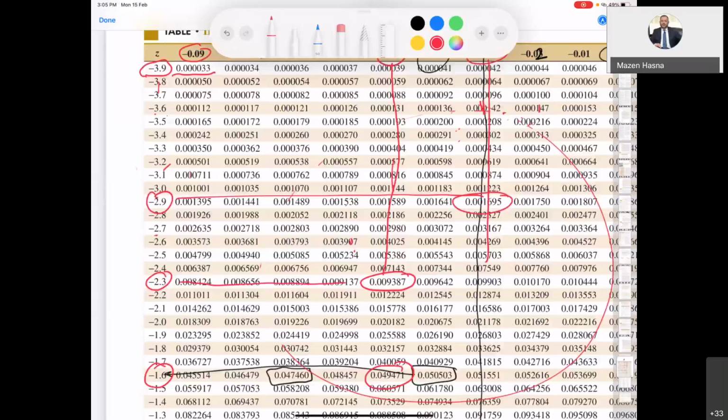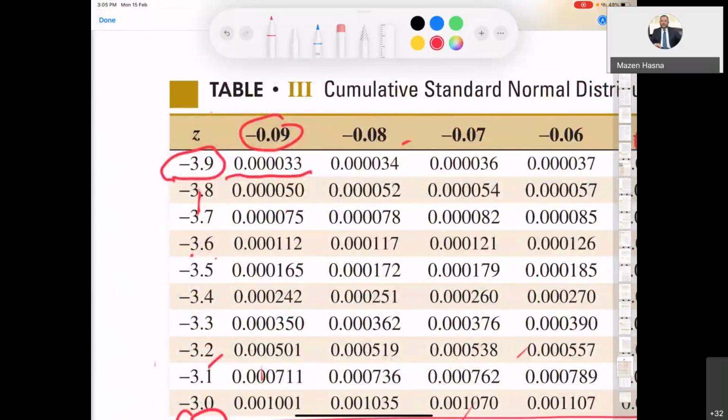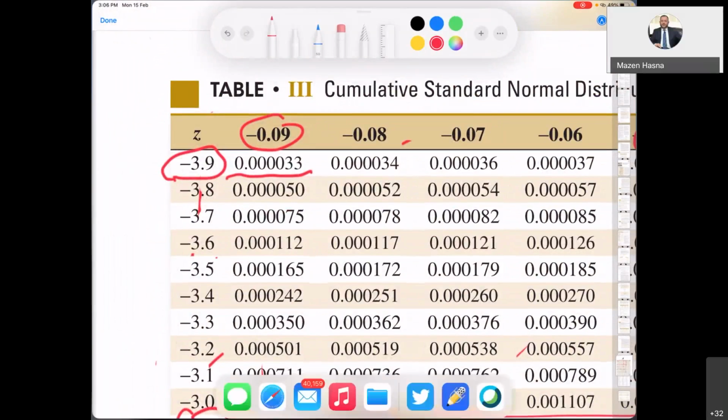As you can see, almost zero. So the table gives you numbers starting at minus 3.99. Any number less than minus 3.99, you can assume it has very, very low probability. You can assume it is zero.